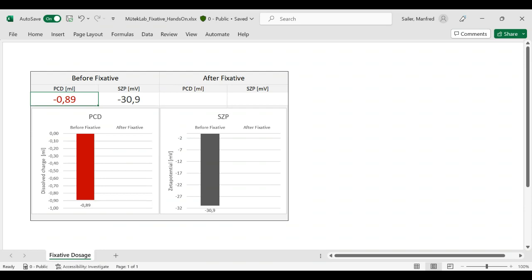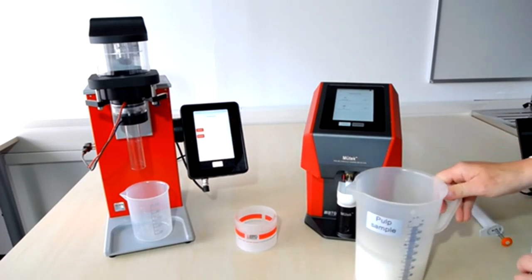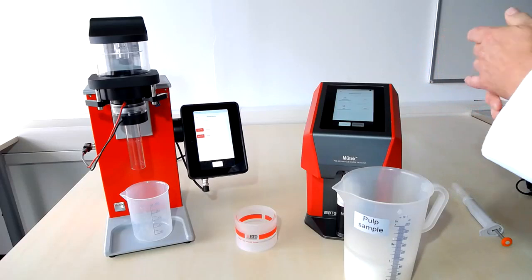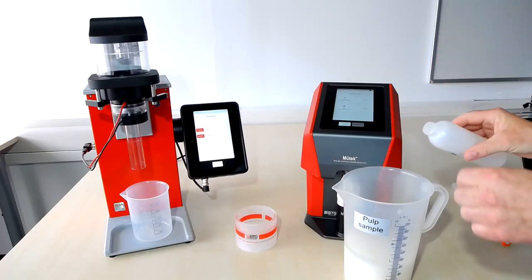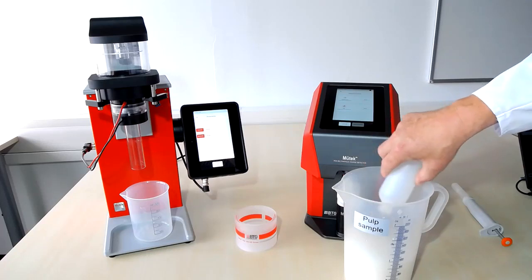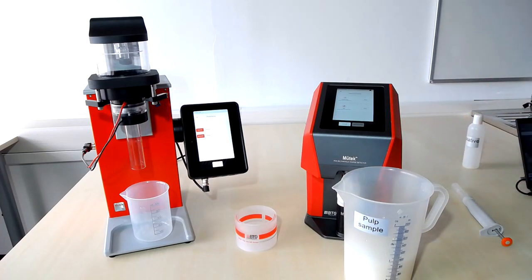So follow me back, please, to our laboratory table, where I'll now dose the fixative into the suspension. So this fixative is pretty dissolved, but there is quite some amount required for our first attempt dosage.